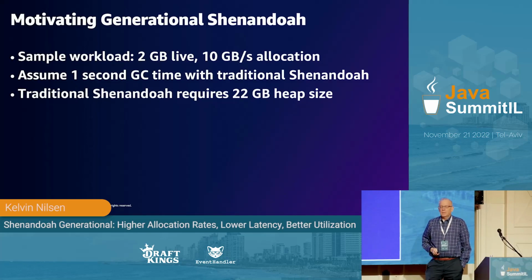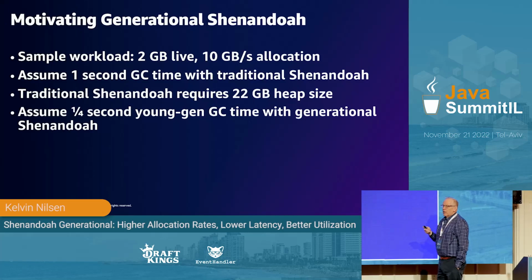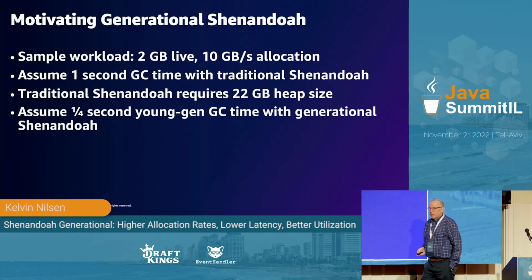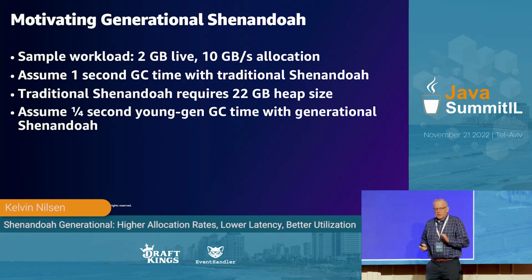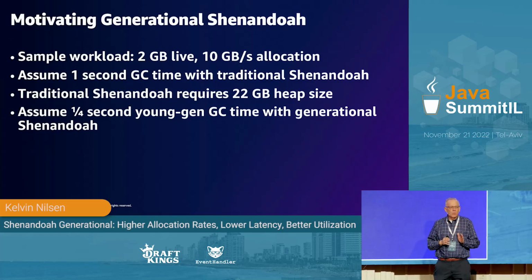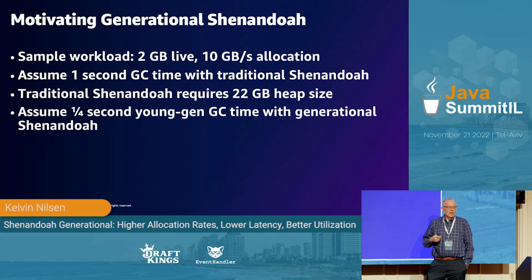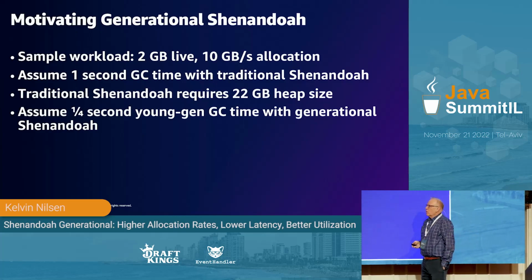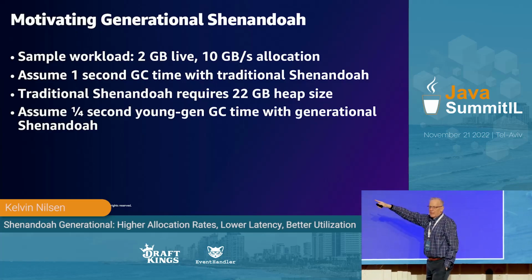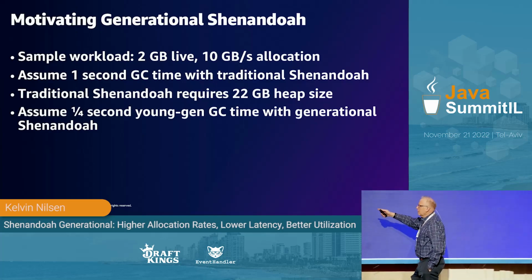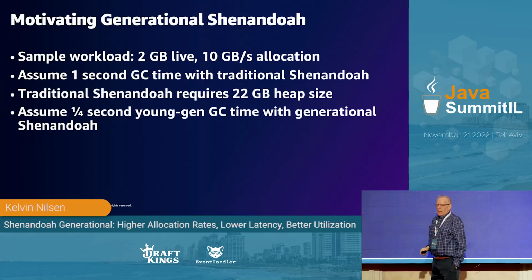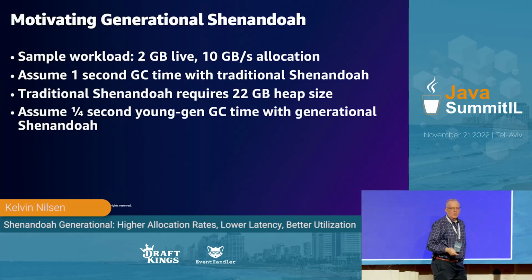Now, what happens when you run a generational garbage collection is that the garbage collector has to do much less work because it only has to focus on the recently allocated data. And so, this is hypothetical but realistic, we can do a generational garbage collection in a quarter of a second instead of a full second.